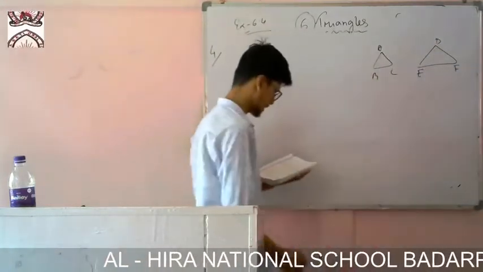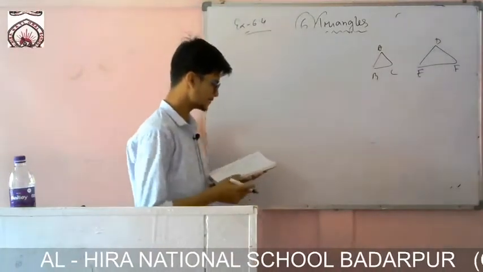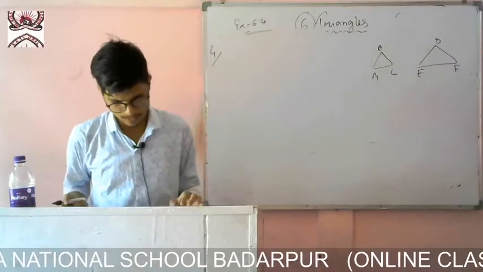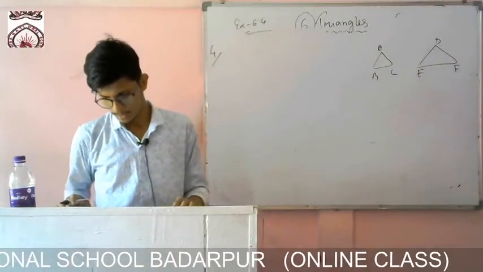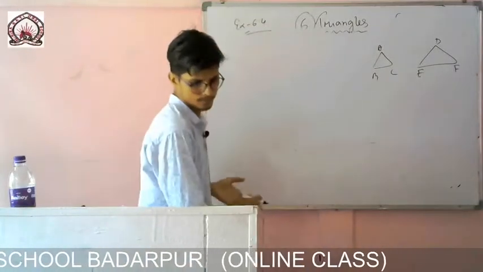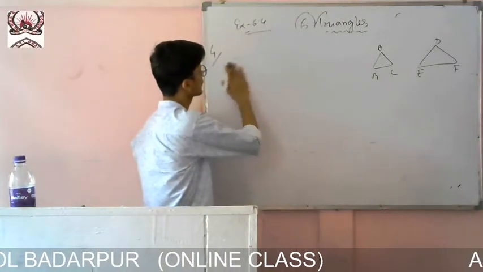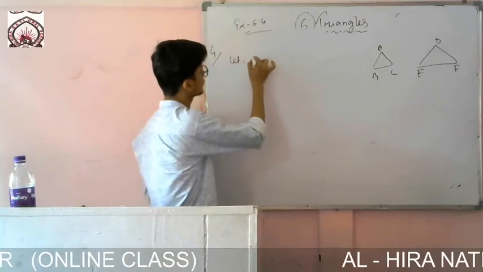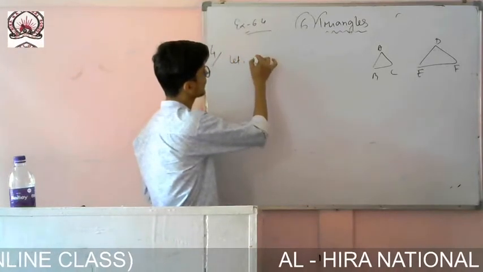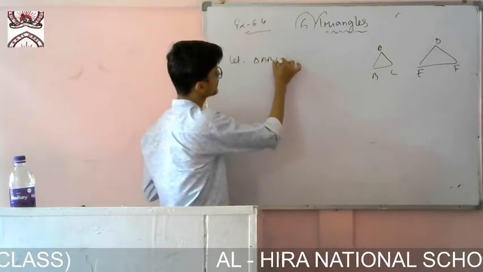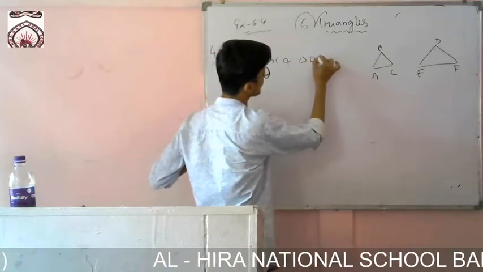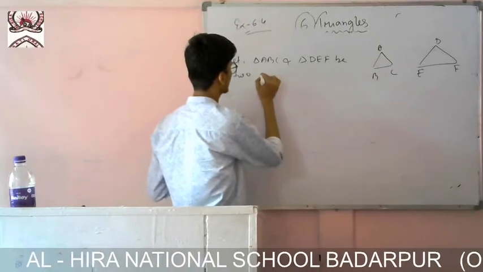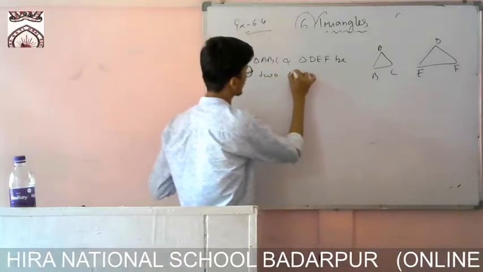So we have two triangles, and it is given that they are similar and their areas are equal, and I have to prove that they are congruent. So what is given in the question? Let triangle ABC and triangle DEF be two similar triangles.